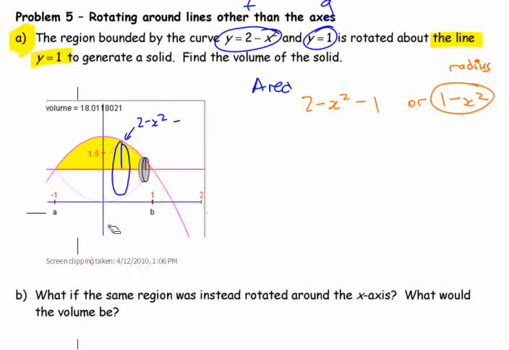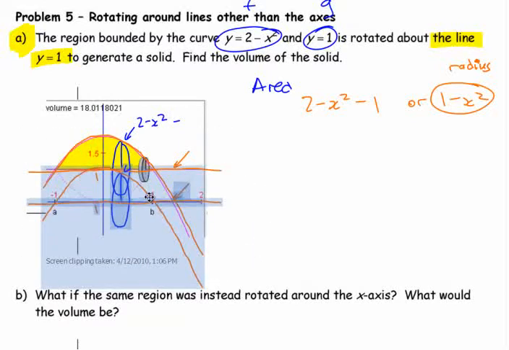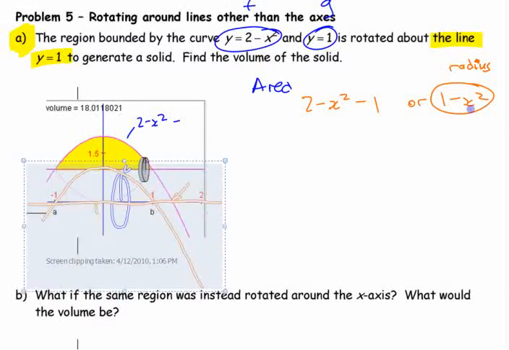It's just this. Now, you might realize the axis we're rotating around is y equals 1, so why don't I just shift the whole thing down? You could do that. If you translate both of the functions down, that becomes 1 minus x squared and 0. There's no center of the thing.